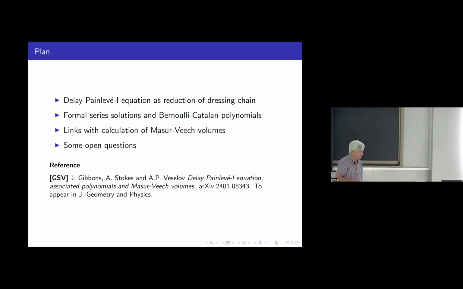And it turned out to be related to a very interesting area related to Teichmüller theory, namely the calculation of Masur-Veech volumes. I will explain this. That was a kind of luck, because it gave a very nice interpretation of the object. We felt that it must be important. This is the paper now accepted in the Journal of Geometry and Physics.